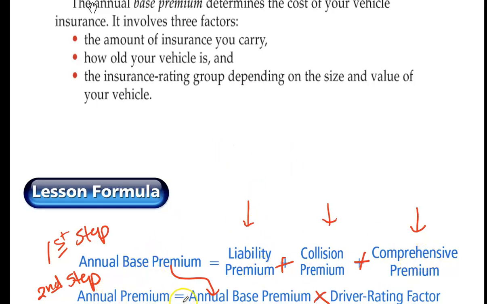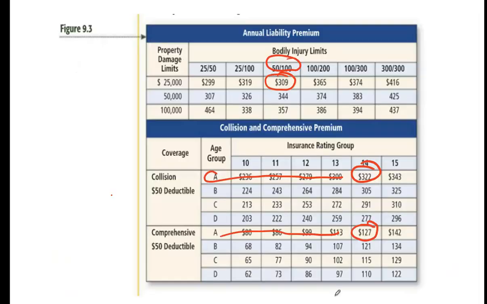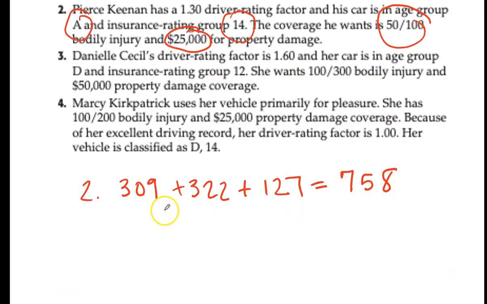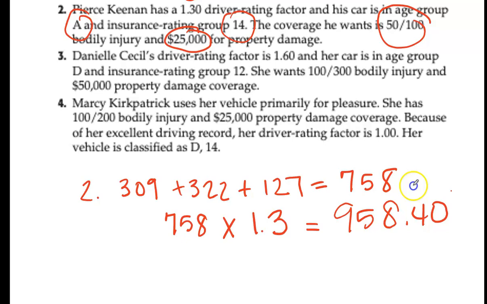For the second step, I take that annual base premium that I just found and multiply it by the driver rating factor. So I'm taking 758 times 1.3. Where'd you get the 1.3, Jennifer? Miss Dahlstrom, that's right here. All of this information is in the problem. When I multiply that, I get $958.40. That is my annual premium for my car insurance.